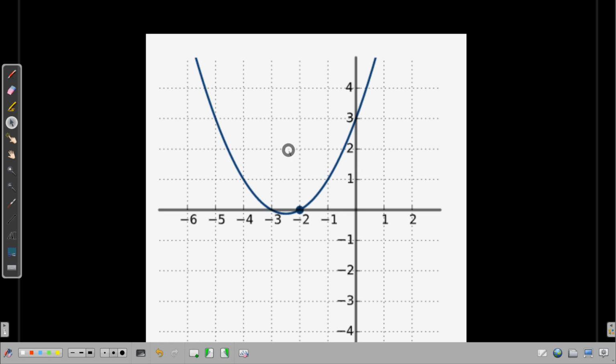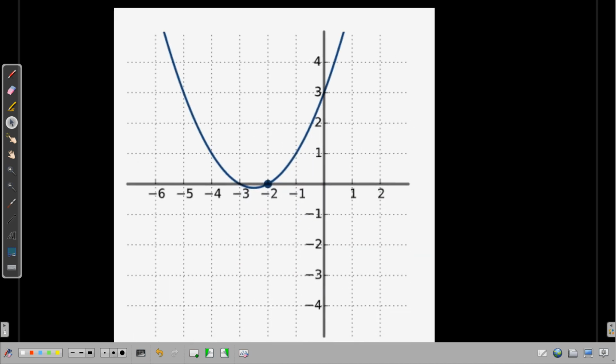Well, clearly it's got to be to the left of this axis of symmetry. So somewhere over here. And -2 slope, I guess let me just kind of do this. This is -2.